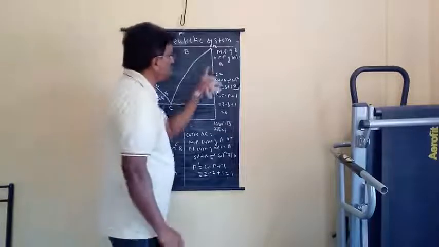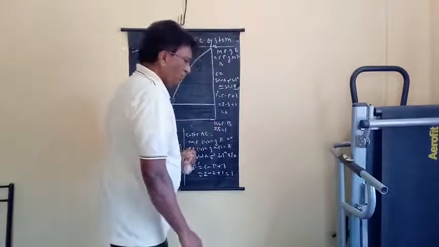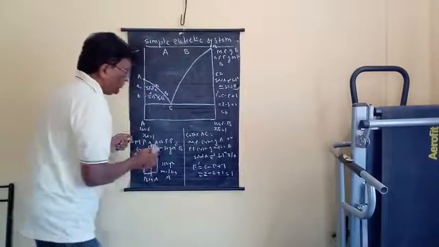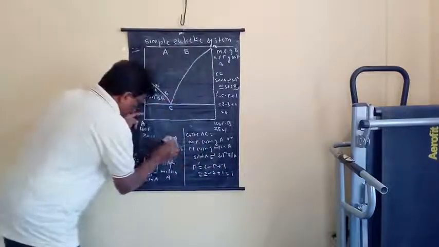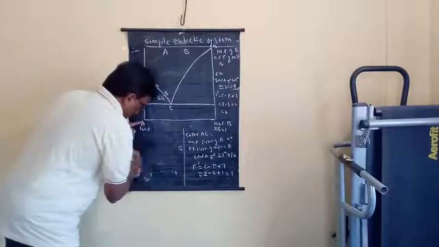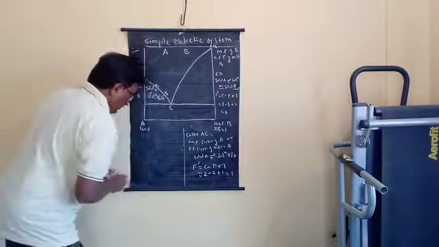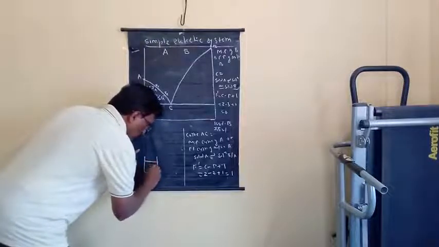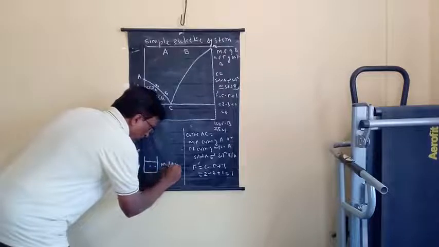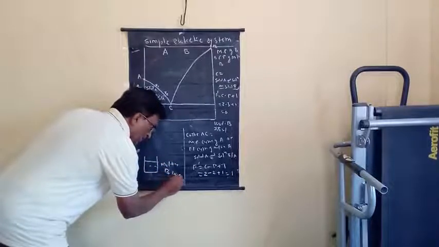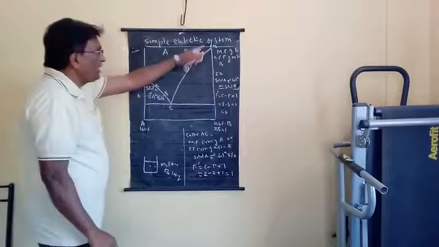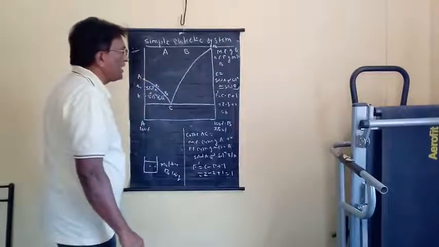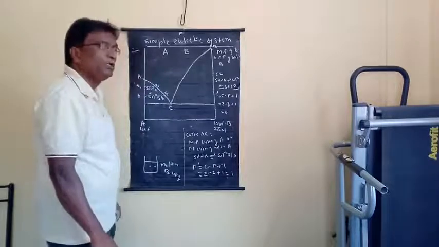Now, if you consider pure component B, the molten mass of pure component B, suppose we have 100 gram molten B, and if you go on adding increasing quantities of A in molten mass of B, what will happen?